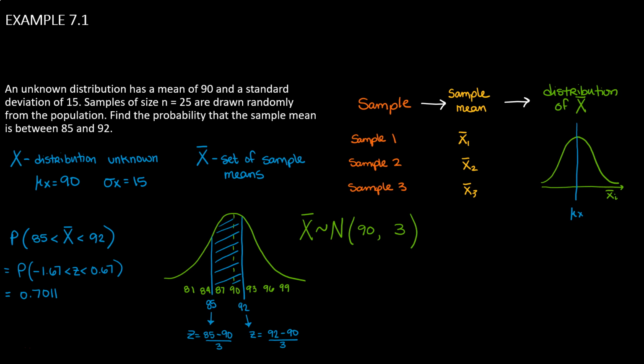This same question could have had a completely different answer if it had been asked, find the probability that a value is between 85 and 92, rather than saying the sample mean. Because it does say sample mean, we have to create this new random variable, x bar, determine the parameters for that distribution, and then proceed as if we were just working with a typical normal distribution.